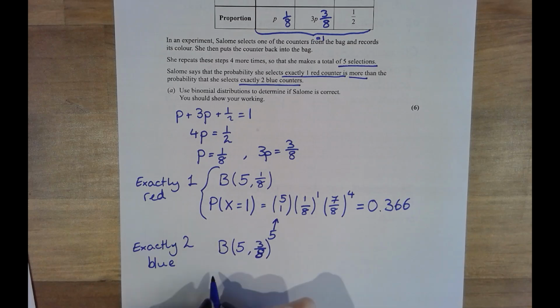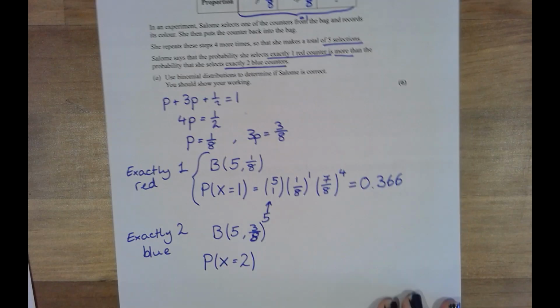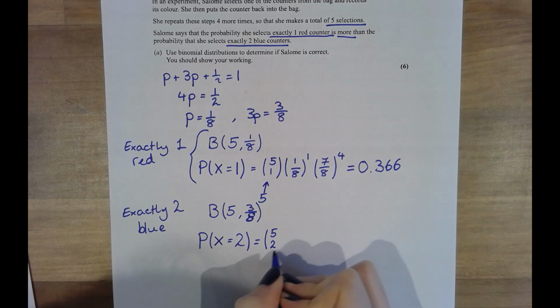And this time we want our probability that this happens exactly twice. This means that we will now use 5 choose 2, and we are choosing that blue twice, so we've got 2 successes.